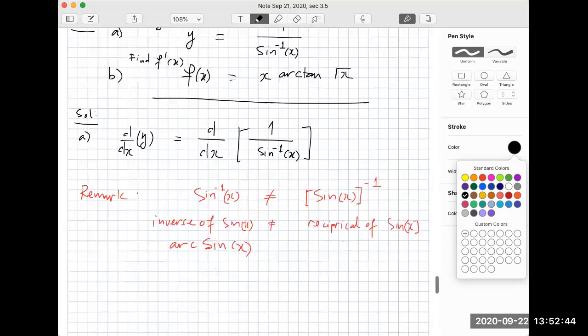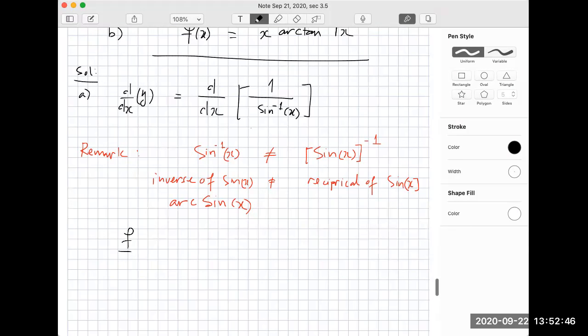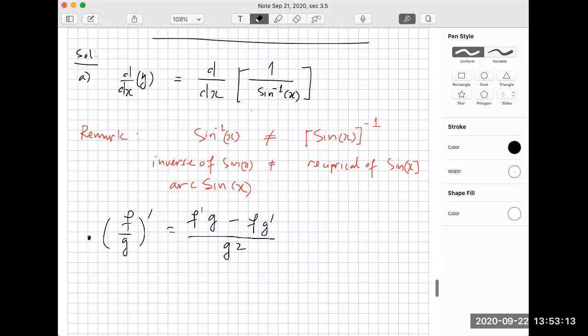So f over g, the derivative of this equals what? G. Very good. Thank you, Daniel. So we know this formula, okay? So we can apply it to this.